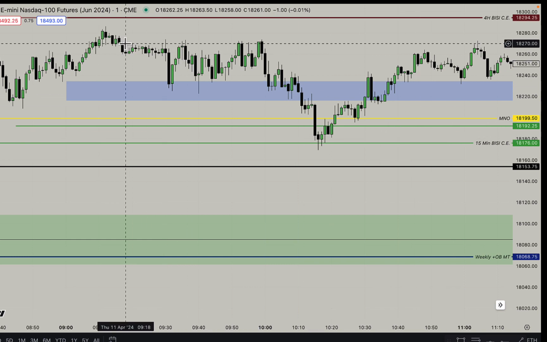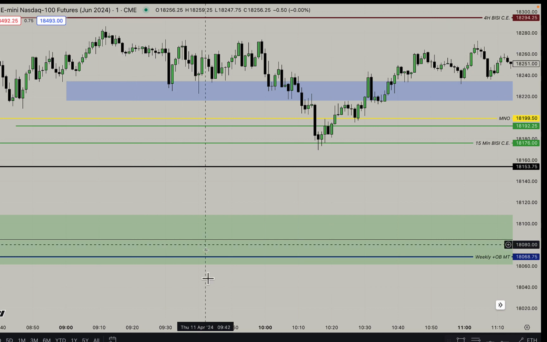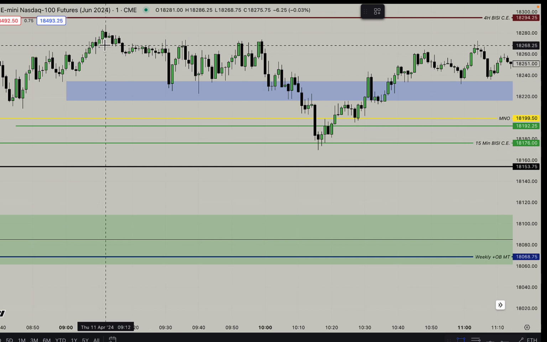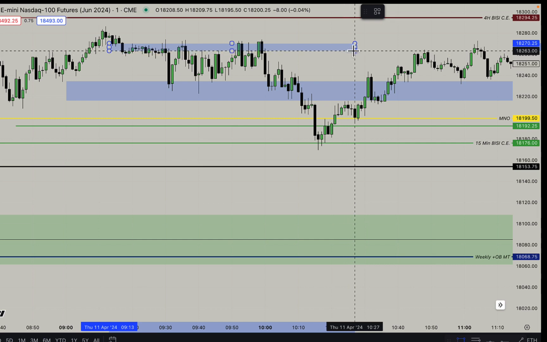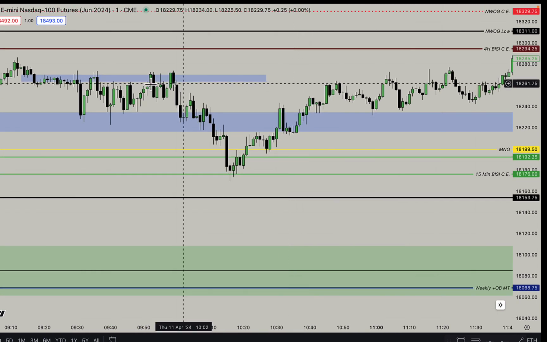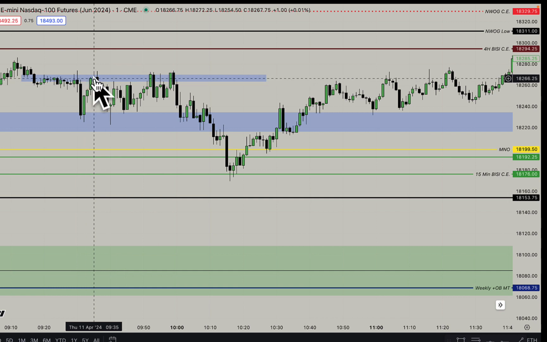And what do we have right here? A fair value gap. This candle's low, so this candle's high. If we extend that here to here, we still respect that CE right there.